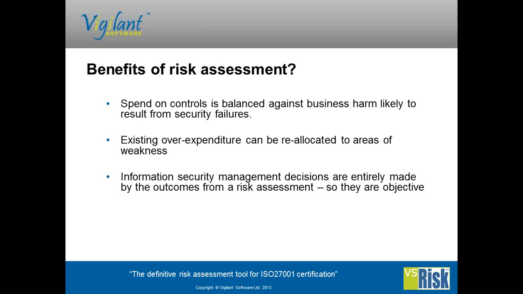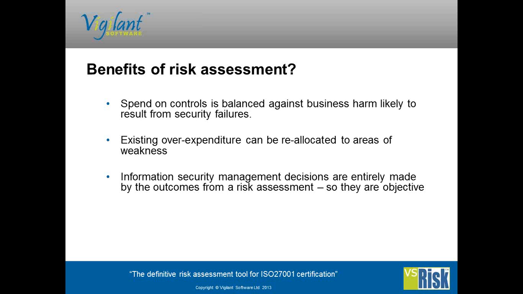Not only does that enable you to reduce expenditure where you don't need to, but where you might be overspending on a control, you can take that money and reallocate it to an area that is less well protected. So risk assessment can be an effective method of ensuring that you're getting a good balance of your spend across the whole of the management system.